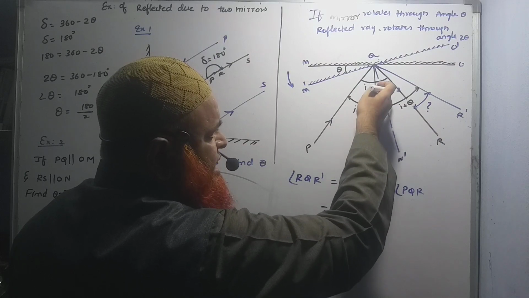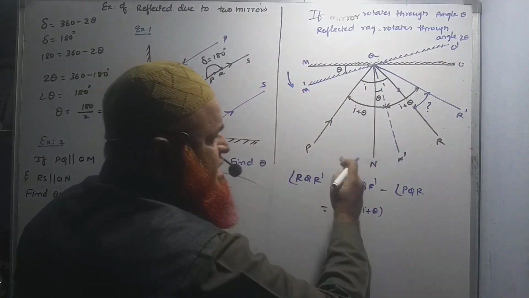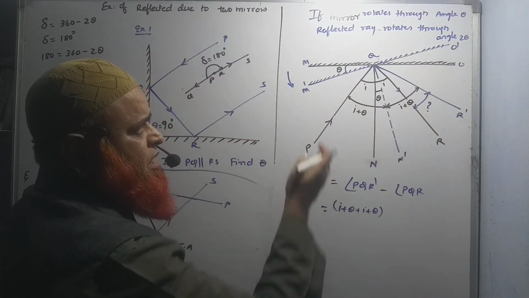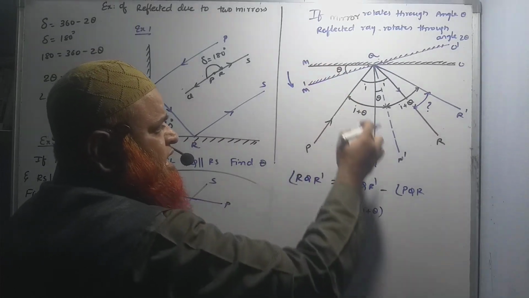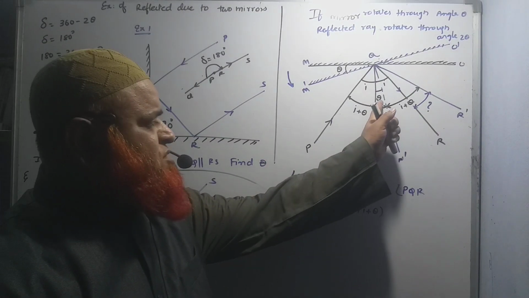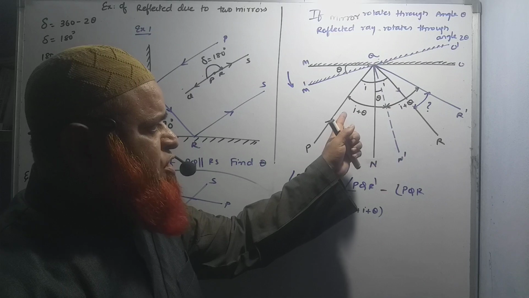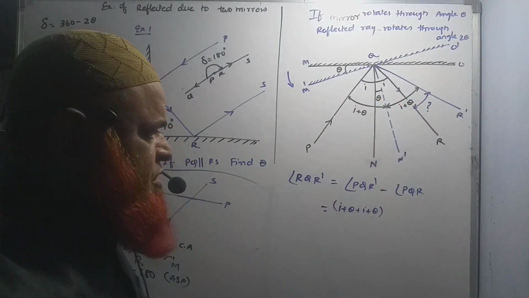Because this is I, and the normal which you have drawn here, as the mirror is shifted, the normal is also shifted through an angle theta. So the mirror tilts through angle theta, and the normal is also tilted through an angle theta. As this is tilted through an angle theta, the incident angle is I plus theta and the reflected angle is I plus theta. Both are the same here.